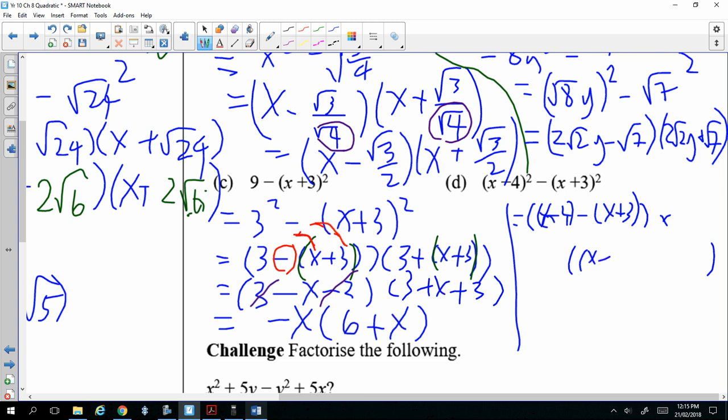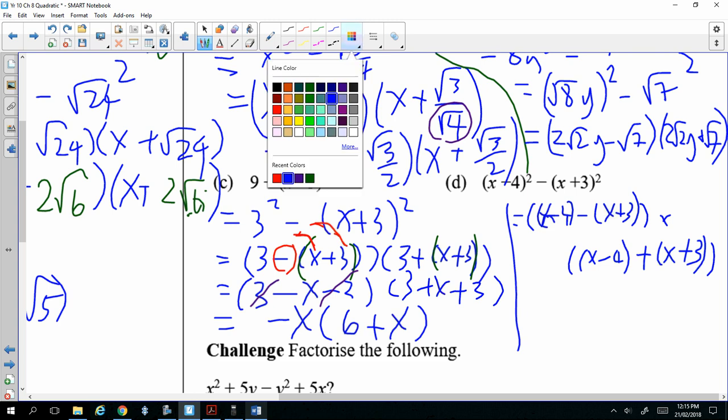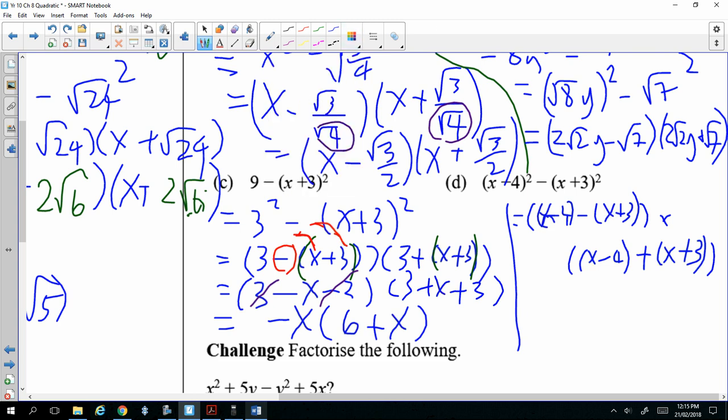Note the use of my brackets, because when you subtract things, you need to remove the bracket. Now you have to collect like terms, but remove the bracket first. So you go x minus 4 minus x minus 3, multiplied by x minus 4 plus x plus 3.